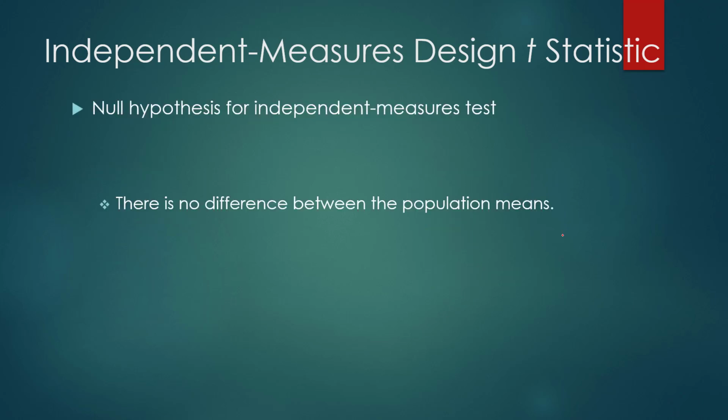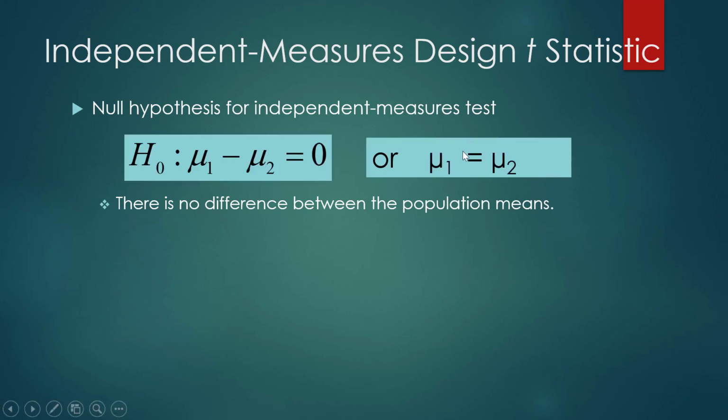So the null hypothesis, like we said on the previous slide, for the independent measures t-test says there is no difference between the population means. The way we would write that is H sub 0: the mean of population 1 subtract the mean of population 2 gives 0, because they're equal to each other.